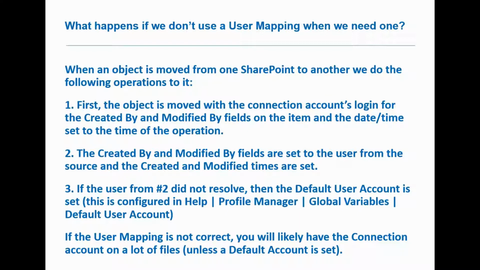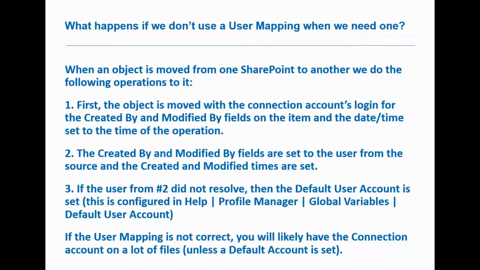It's called default user account. And this setting is going to apply that user to any cases where we can't find the user in the target. So if your user mapping is not set, but you do have a default mapping and that user resolves, then you may end up seeing that user on everyone. But depending upon how number 3 pans out, you're going to see different behavior.